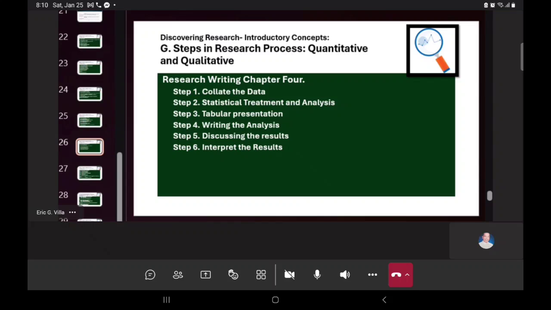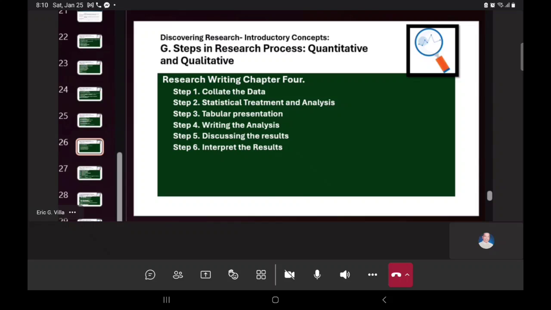Chapter 4, Research Writing Process. It involves 6 steps: the data organization and analysis phase, wherein the research process begins with data collation, where researchers systematically gather and organize all collected information.